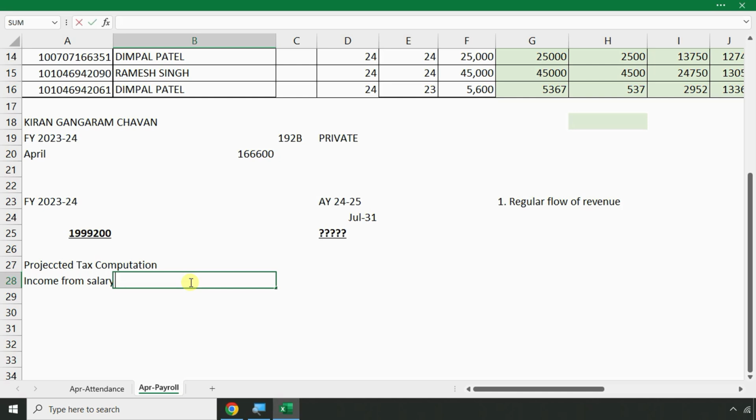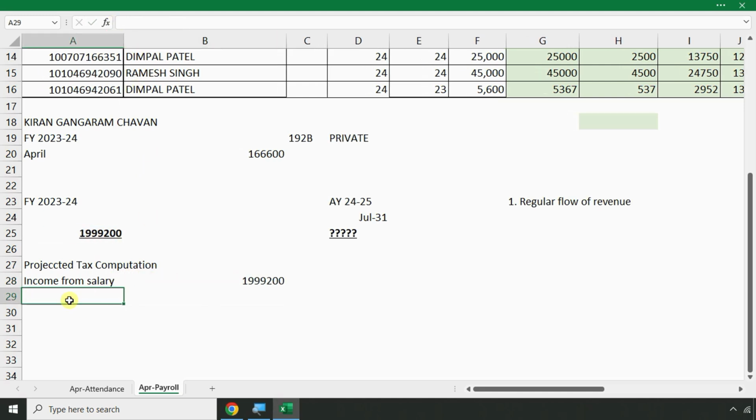What is Kiran Gangaram's salary? 19 lakhs 99,200. You remember, minus standard deduction. How much? 50,000. You remember, minus what?